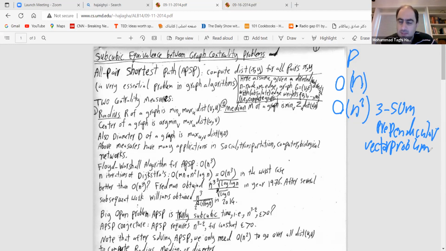In 3-SUM, which we will define next time, we are given a list of N numbers, and you want to see whether there are three numbers, which may include a repetition of one number itself, such that the sum is equal to 0.